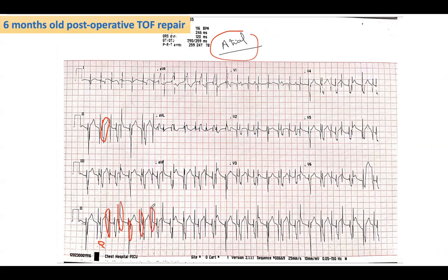Okay. So long story short, this is a patient who has AV dissociation, meaning there's no relationship between the A's and the V's, but he's in tachycardia. So it's accelerated junctional rhythm. In his case, the junctional rhythm is wide because he has right bundle branch block following the tetralogy repair. Okay, guys?